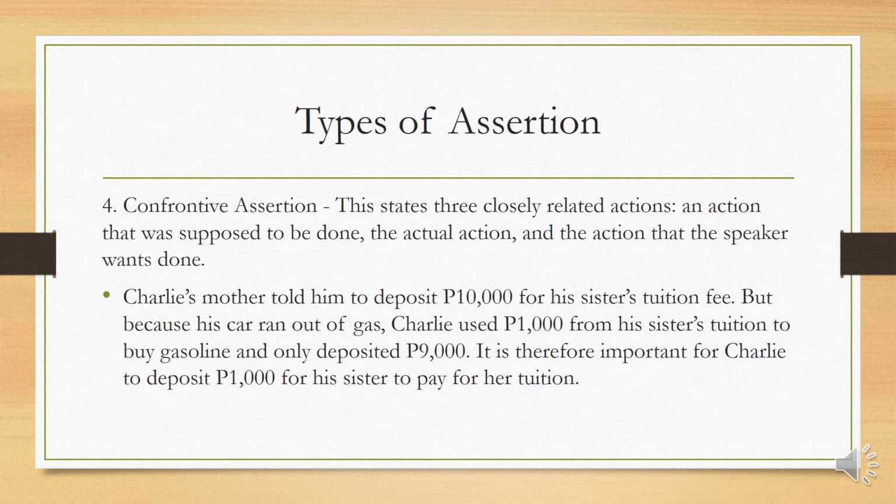But because his car ran out of gas, Charlie used 1,000 pesos from his sister's tuition to buy gasoline and only deposited 9,000 pesos. It is therefore important for Charlie to deposit 1,000 pesos for his sister to pay for her tuition. So basically, we can really say that this is an example of confrontive assertion because it shows three closely related actions.